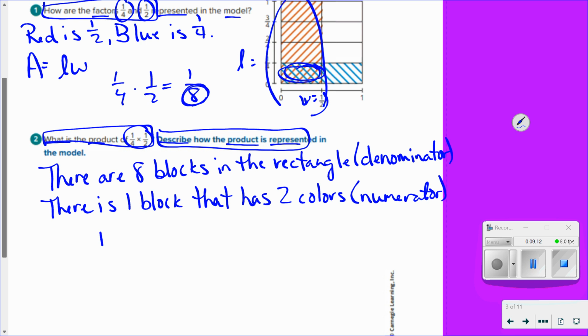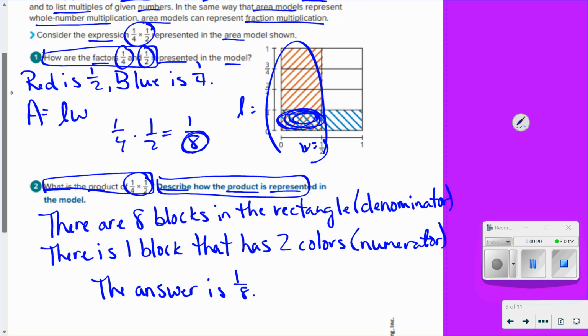So we get the answer is 1/8. So when we multiply 1/2 by 1/4, the answer is 1/8. Why? Because there's 1 block where 2 of them join over out of, now our area model is blocked into 8. Does that make more sense?